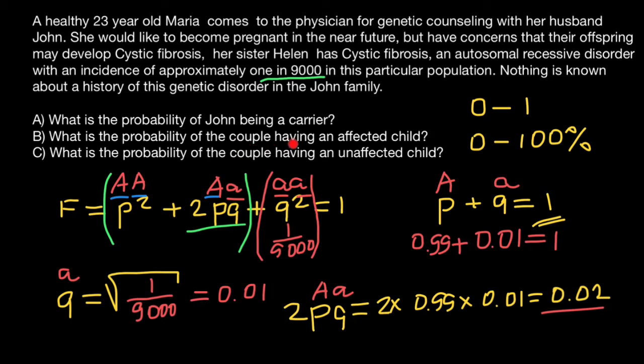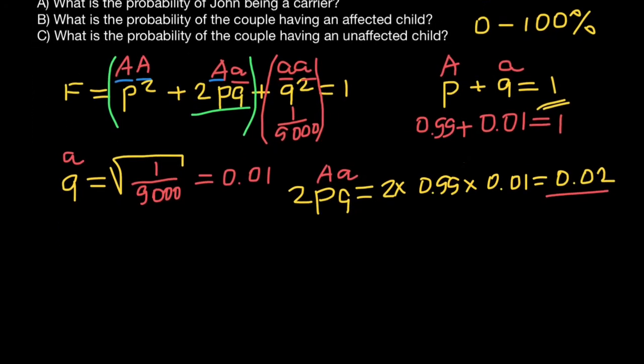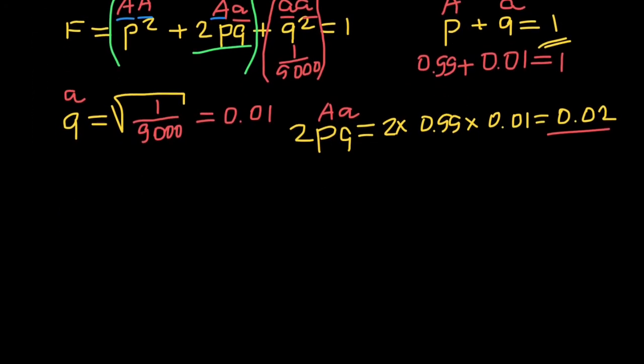What is the probability of the couple having an affected child? According to our problem, we know that Maria has a sister, Helen, who has cystic fibrosis. This is going to affect our calculations. First of all, let's write down a pedigree of this family. Here's the family of Maria: father, mother, Maria, and her sister Helen.